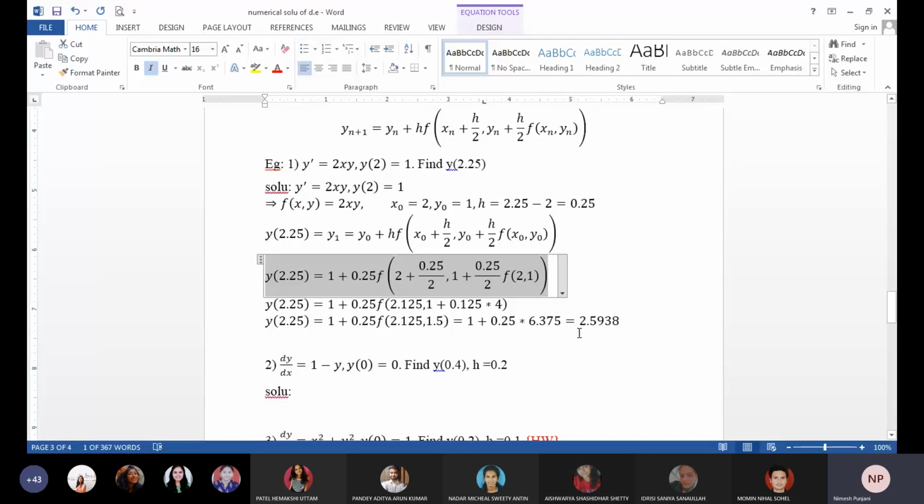Yes. So it becomes 1 plus 0.25 divided by 2 is 0.125 multiplied by f of 2 comma 1. What is my f of x comma y? What is f of x comma y? Aishwarya, what is f of x comma y? 2xy ना सर. 2xy. So what will be f of 2 comma 1?